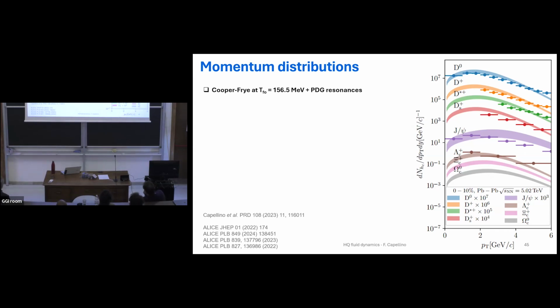Basically, the error band that you see here is because we are not including right now the delta F correction, the out of equilibrium part of the distribution function coming from diffusion, but we are varying the diffusion coefficient in a certain range. And so we are not accounting for the full number of charm quarks in the medium, artificially, by doing this at freeze out. And so we have a large variation at the end. So working on the definition of this out of equilibrium correction at freeze out is something that we care about and are currently working on.